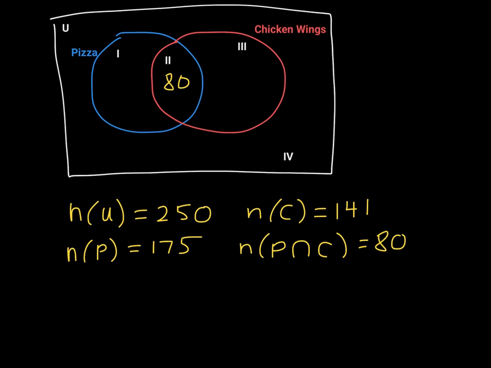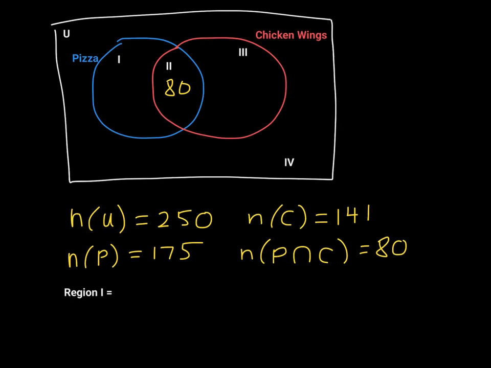All right, so we can do some arithmetic here. Region 1 must be 175 minus the 80 customers that have already been counted in region 2. So this leaves us with 95.